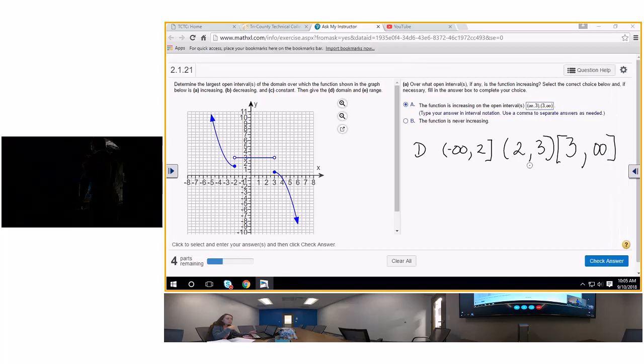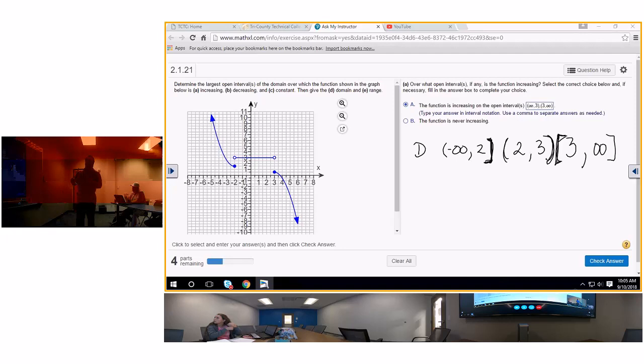Even though I have parentheses right here, what do I have on these guys? I have brackets. So 2 and 3 is inclusive of the domain, even though it's exclusive on one of the parts. You see what I'm saying? So therefore, negative infinity to what? Positive infinity. That's supposed to be a parenthesis.